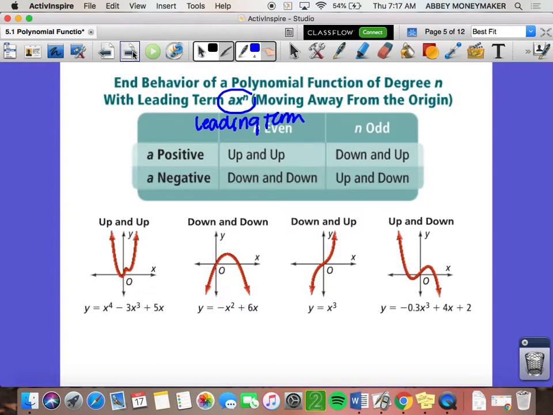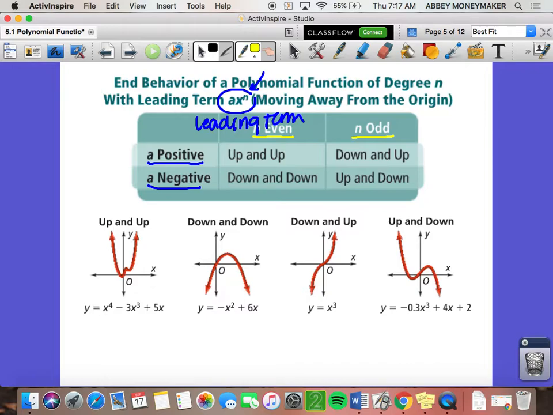So by looking at your leading term, that a value, whether it's positive or negative, makes a difference. Now, what also makes a difference is your exponent. We're calling that n for the general case. And n plays a role too, whether the exponent is even or odd. So think of this chart here like a Punnett square like you did in biology.